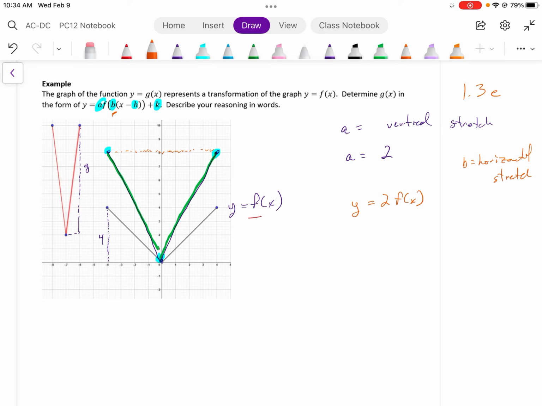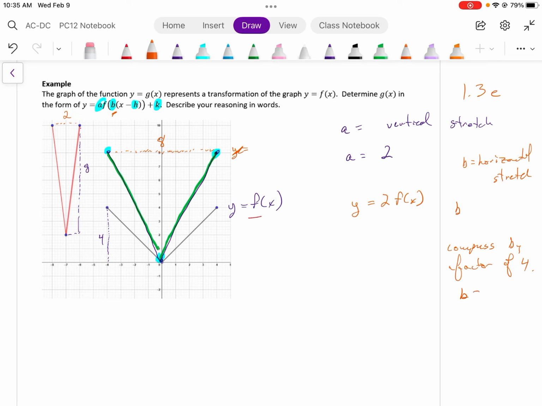It looks like this function is 8 wide. But when I go to the transform function, it only looks like it's 2 wide. So I would say, if I was to write it in words, to go from y is equal to f of x to y is equal to this, horizontally compressed, it looks like we compress by a factor of 4.